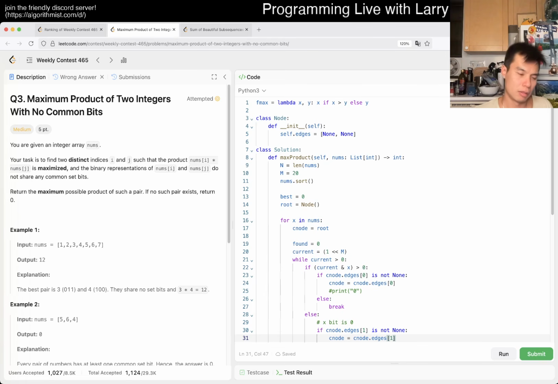Draw it out. No, this one you had the visualization.